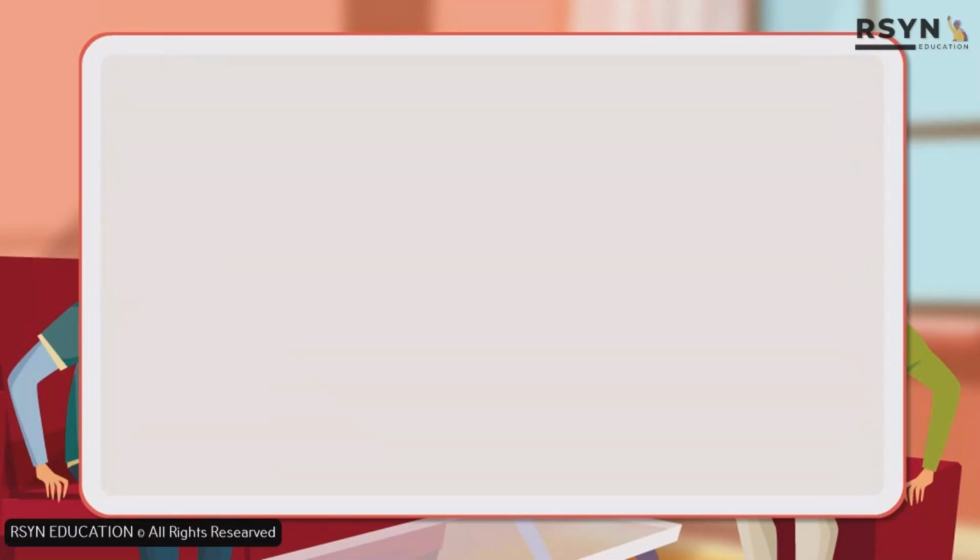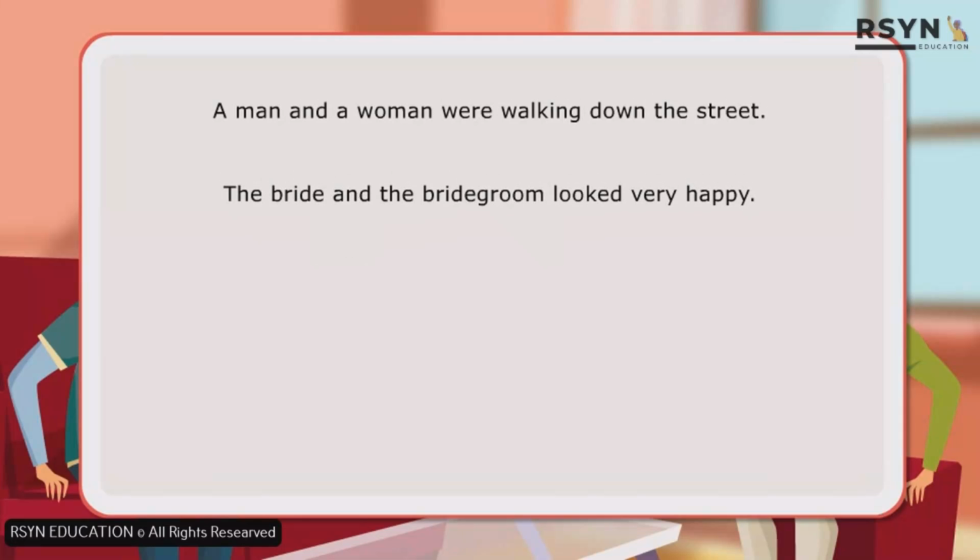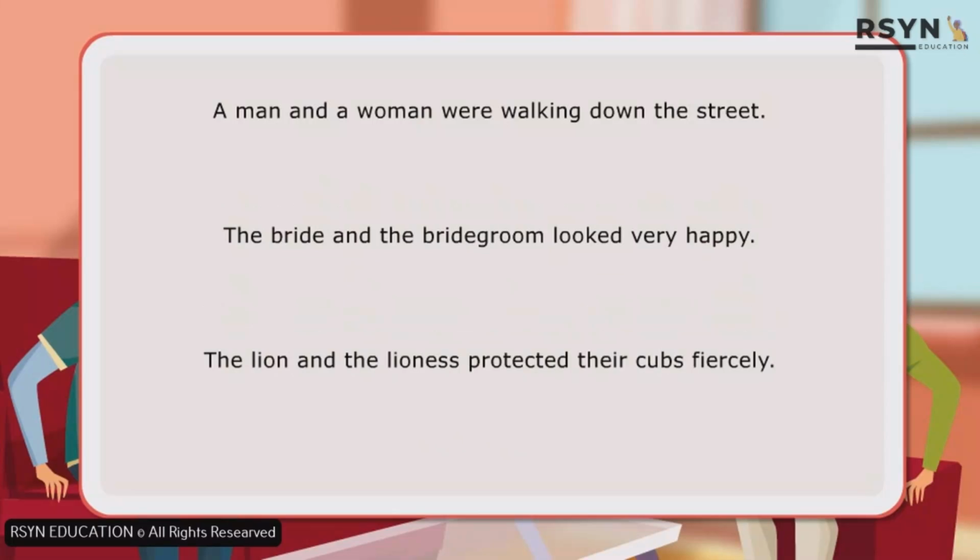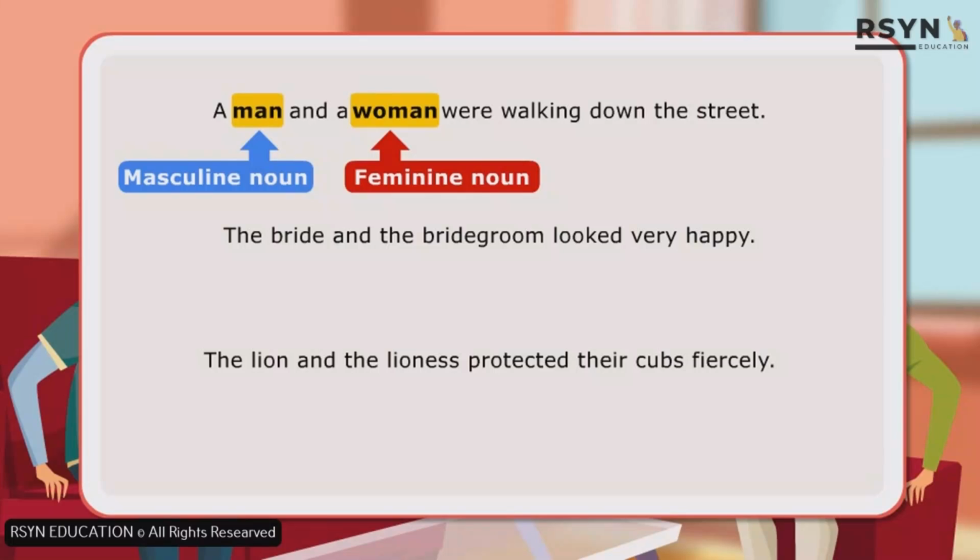Let us look at a few sentences. A man and a woman were walking down the street. The bride and the bridegroom looked very happy. The lion and the lioness protected their cubs fiercely. In the first sentence, man is a masculine noun as it represents a male, and woman is a feminine noun as it represents a female.